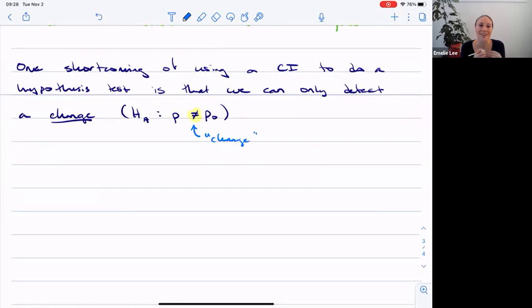So that's where the p-value approach comes in, and it's a little bit more formal, and it'll let us detect if the population proportion is less than some value. In our case, what we saw was that the population proportion in 2012 has actually increased from 0.57, which was the population proportion in 1999.